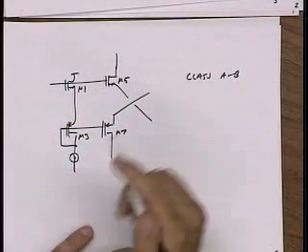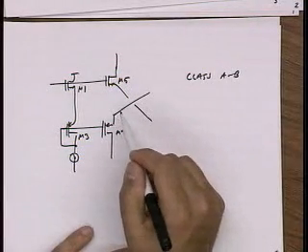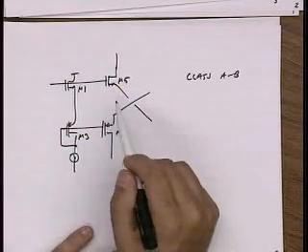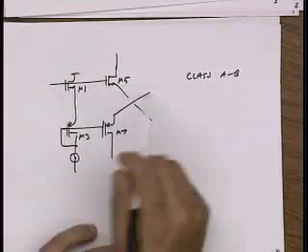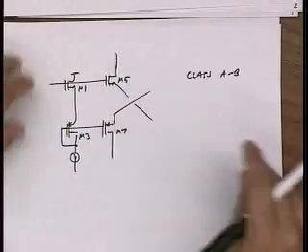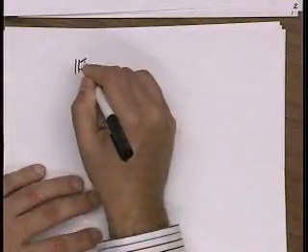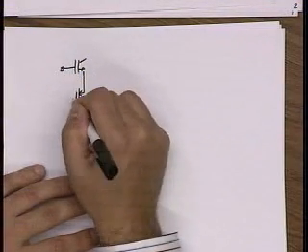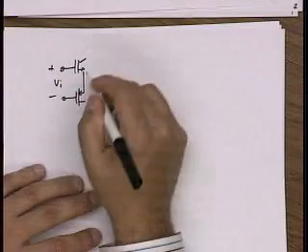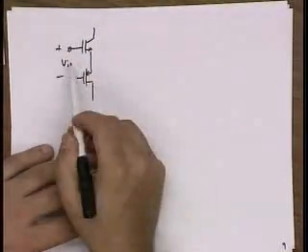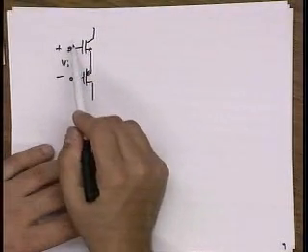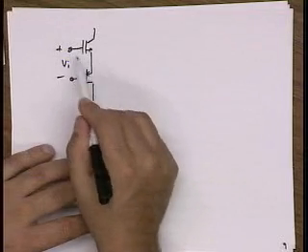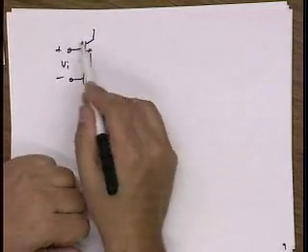In other words, the current actually never limits. As I increase my input voltage, let me just draw a simplified form. As I keep increasing this voltage more and more, the VGS of this device just gets bigger and bigger.